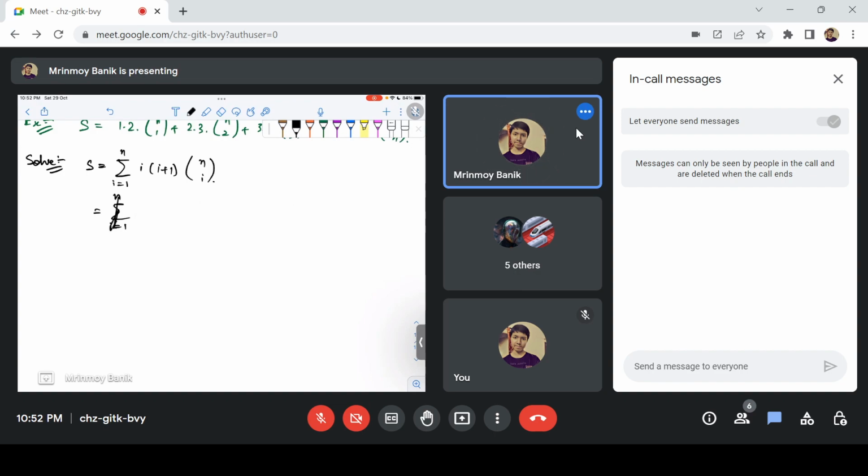So at least we can do it once and then we have to break it out. i plus 1 into n by i times n minus 1 C i minus 1.